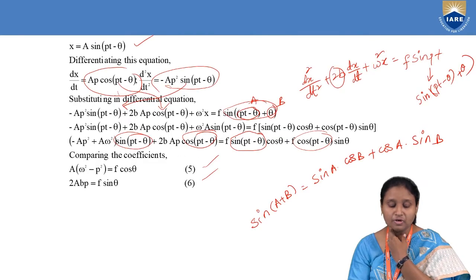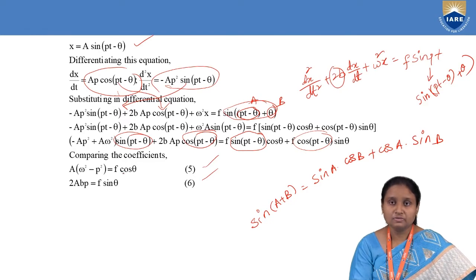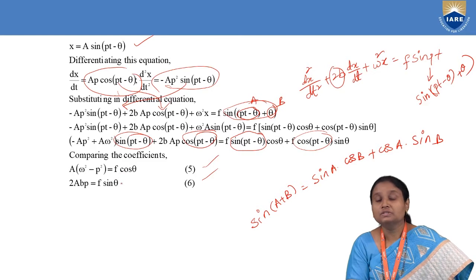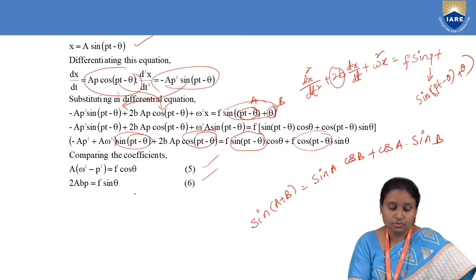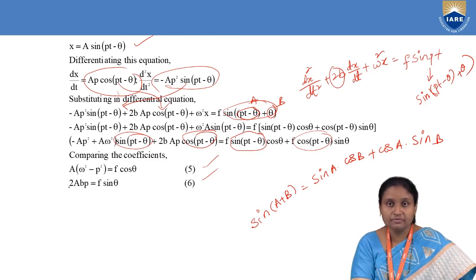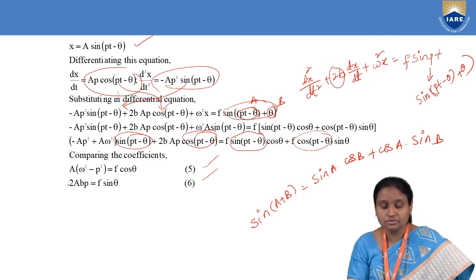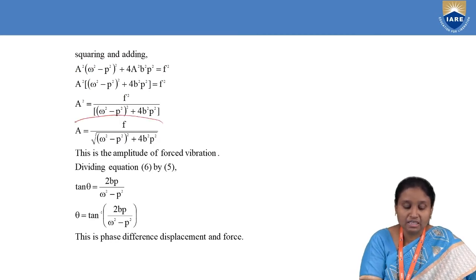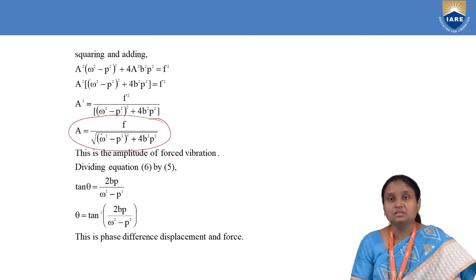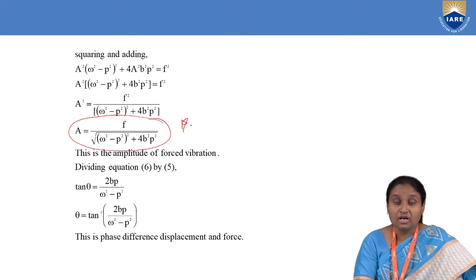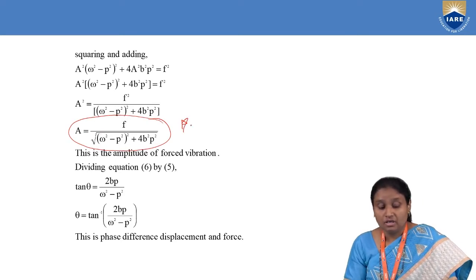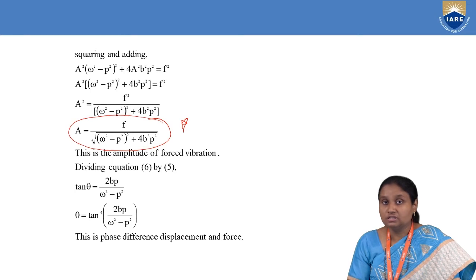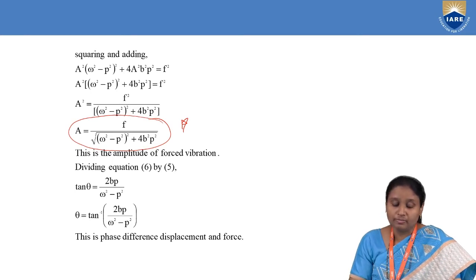Because this becomes f² cos² θ and this becomes f² sin² θ. If we add, we have cos² θ + sin² θ, which is equal to 1. We are squaring both and then adding, so that is there on the left hand side. Now if I rearrange the terms, I end up having the expression for amplitude like this. So this is our expression for the amplitude of vibration of a body undergoing forced vibrations.